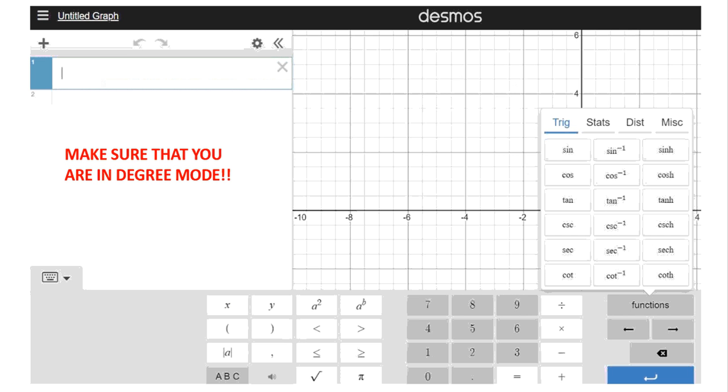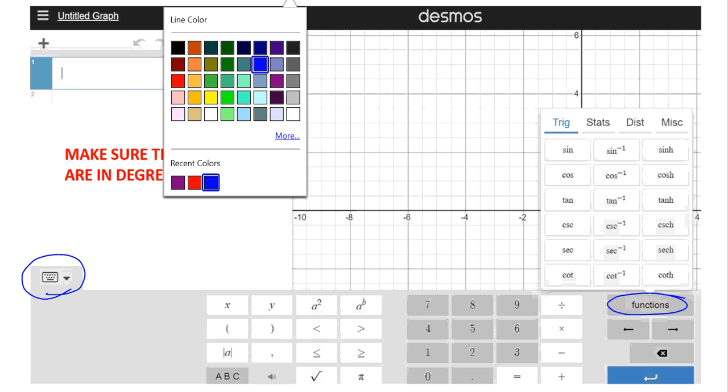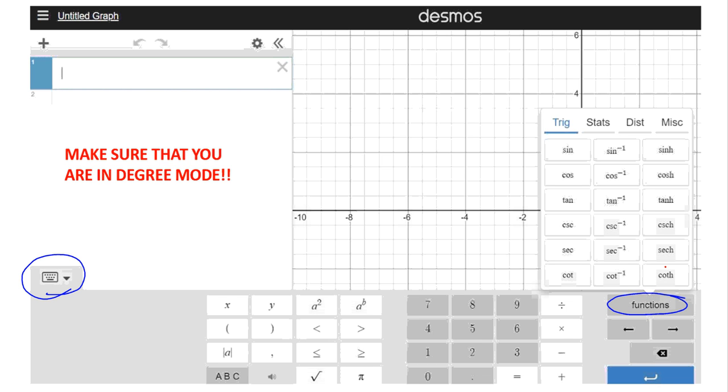Okay, third option is when you use Desmos. Again, you have to make sure you're in degree mode. When you're using these functions, though, you have to hit the keyboard button on the lower left. It pops up this menu, and then when you click on the functions, the first menu it pulls up is your trig menu. Now, again, there's the original functions, sine, cosine, and tangent.